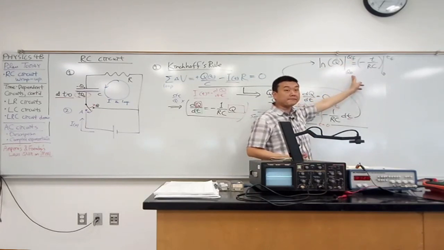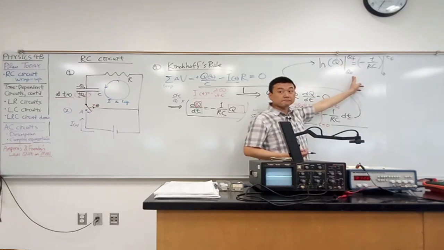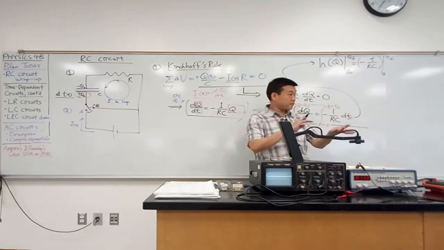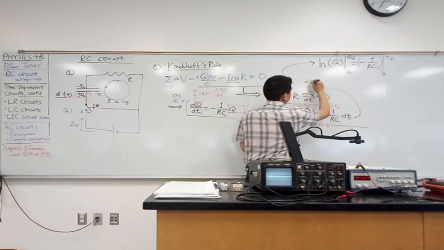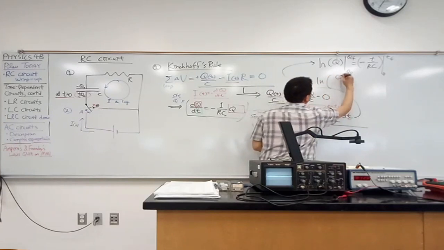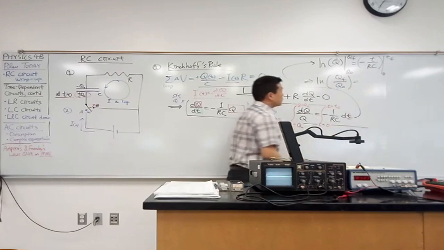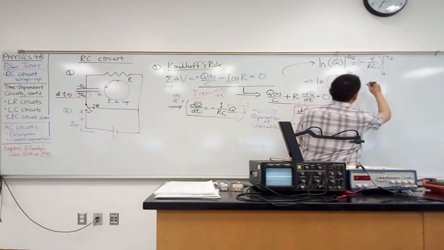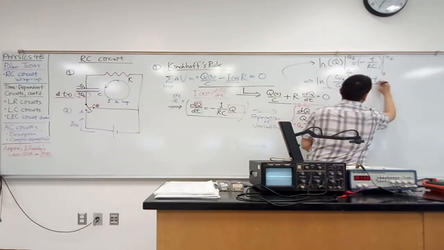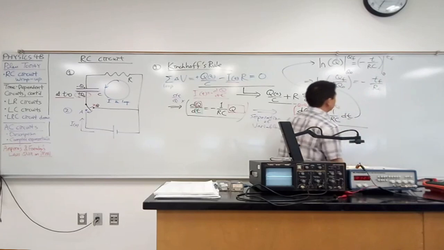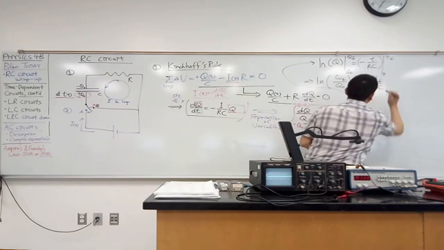How do you simplify that? Yeah, right? The differences become ratios. Okay, so that's going to be the left-hand side, ln qf over q naught. That's equal to, the right-hand side is easy, so I'll do that one. Minus tf over RC.